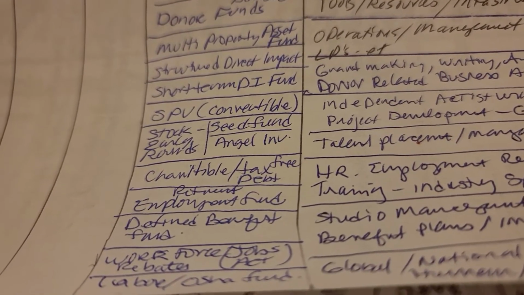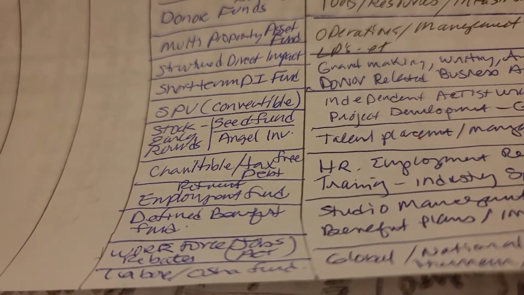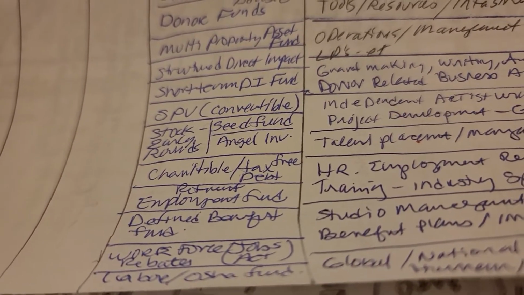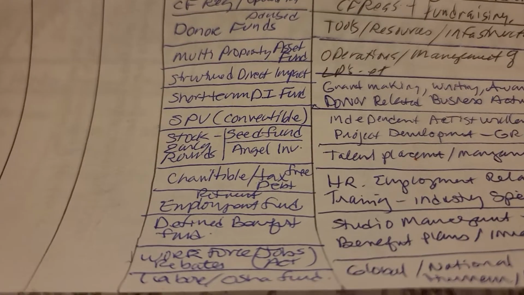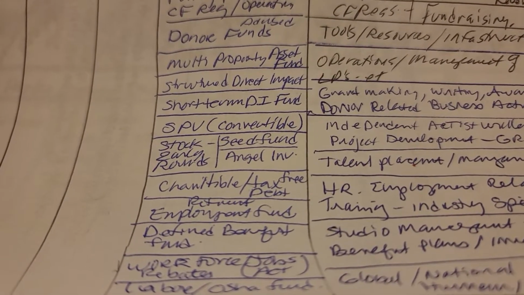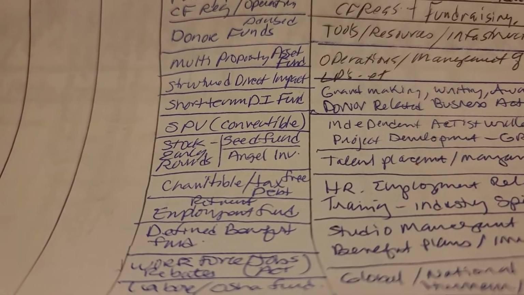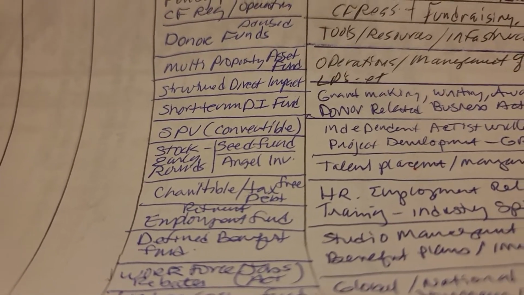Structured direct impact: short fund, special purpose convertible vehicles, stock, early, I guess you call them early purchases, like on a public campaign for seed funding, angel investments.